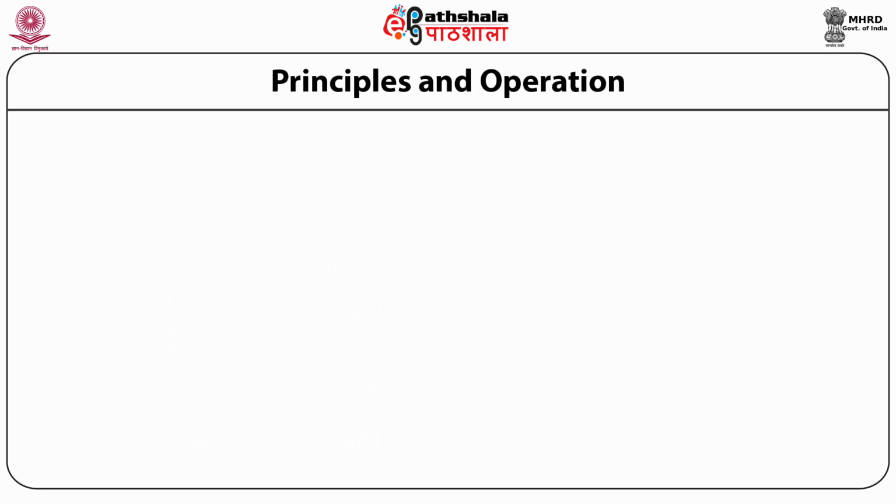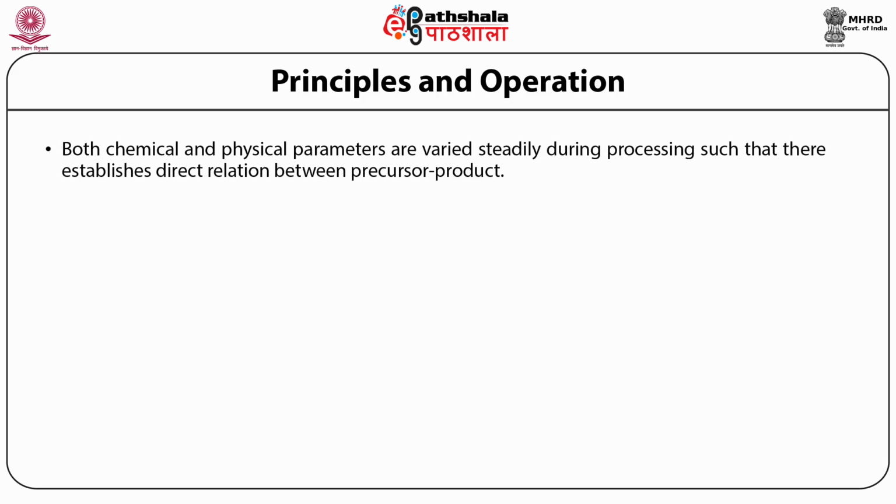Now we will discuss the principles and operation of hydrothermal technique. Both chemical and physical parameters are varied steadily during processing such that there establishes direct relation between the precursor and the product.